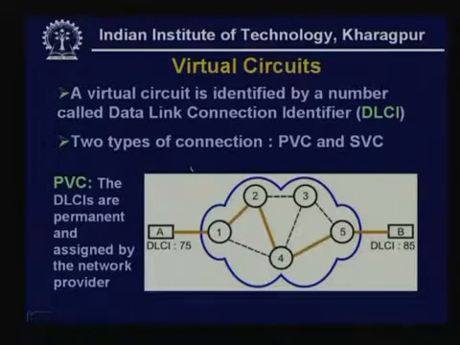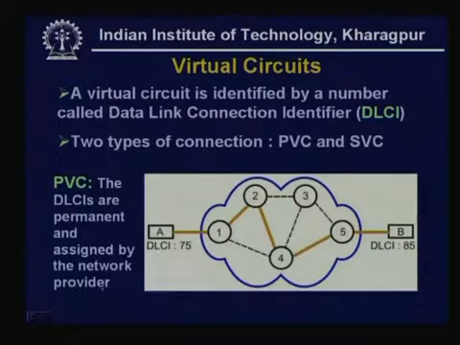And in frame relay also, the virtual circuit is identified by a number called data link connection identifier. So here also it is based on virtual circuit creation, and again there are two types of virtual circuits. As you can see, the permanent virtual circuit and the DLCIs, the data link connection identifiers, are permanent and assigned by the network provider.